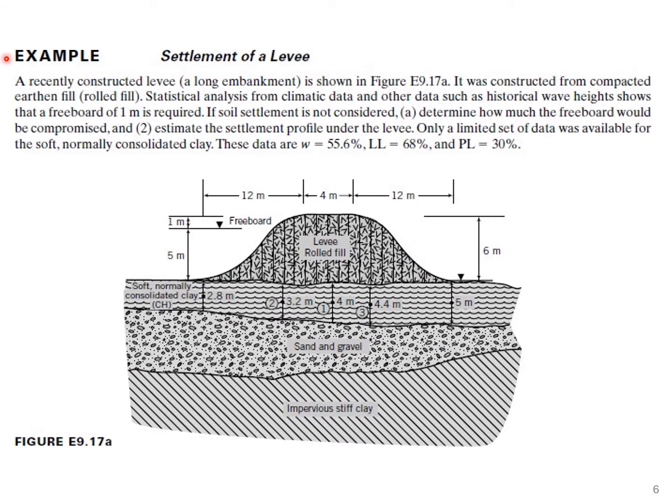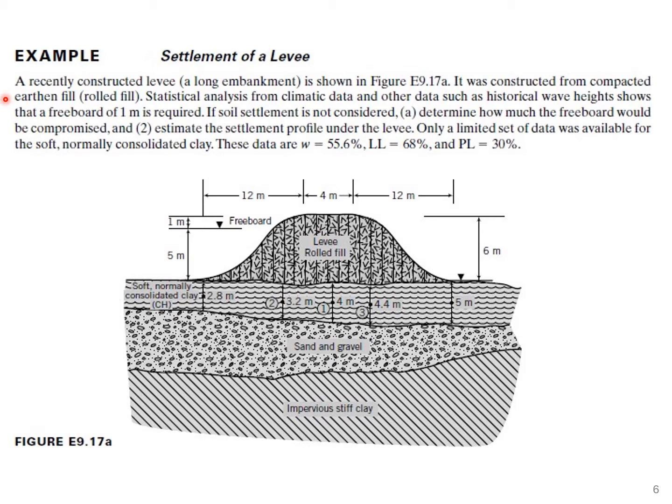Okay, the next problem, settlement of a levee. Statement of the problem: a recently constructed levee along an embankment is shown in the figure below. It was constructed from compacted earthen fill, that's rolled fill.